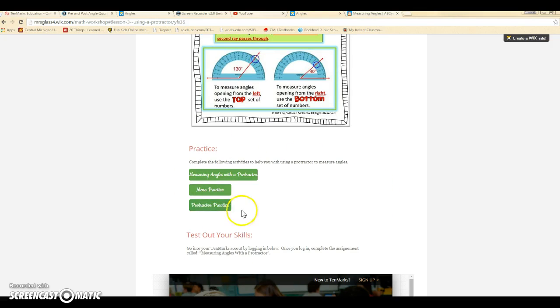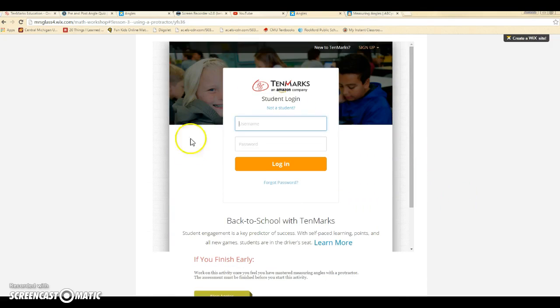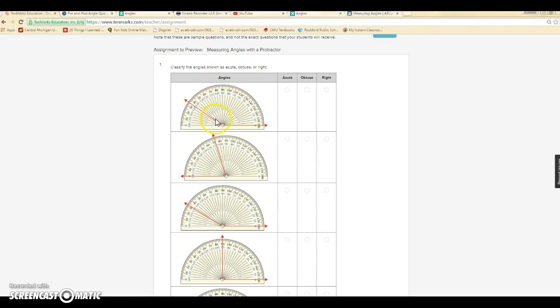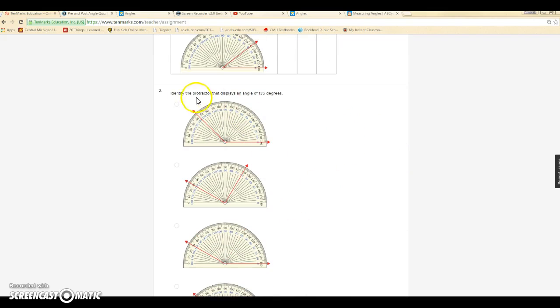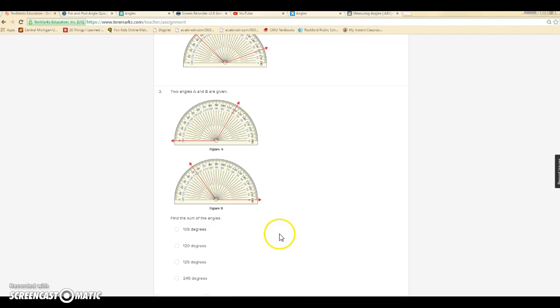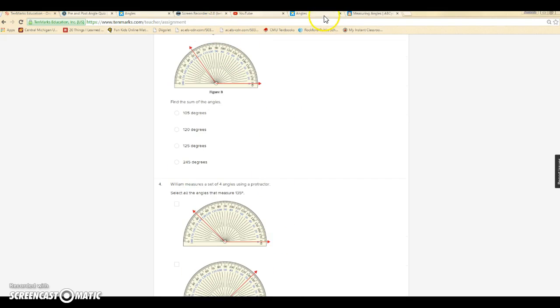And then again, the practice, testing out the skills, and I will show you this 10 marks quiz. I love how it shows the protractor virtually, and they can see the red lines clearly and answer the questions based on that, which displays the angle of 135 degrees, so they can see all of that.